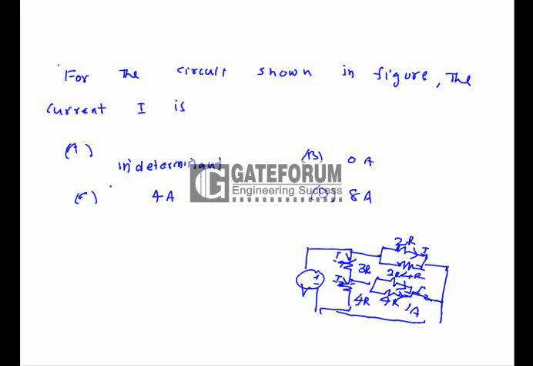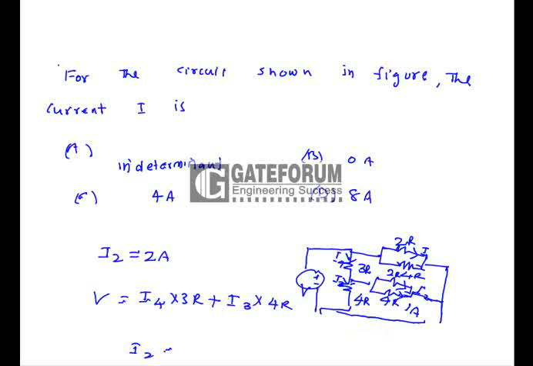In the circuit shown in the figure, the current I is? First of all, I2 equals 2 amps. V equals I4 into 3R plus I3 into 4R.